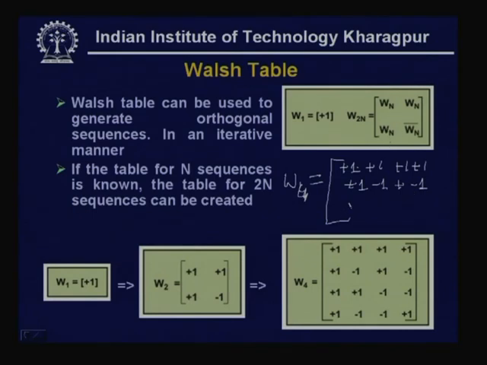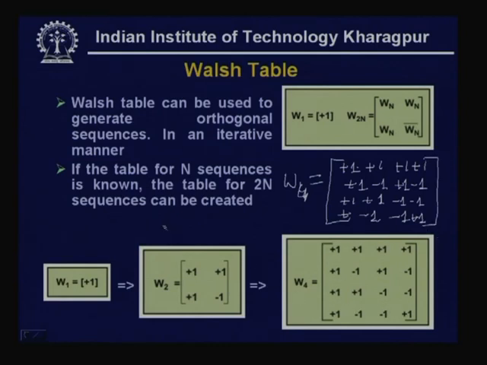Here also you have to put Wn, so plus 1, plus 1, plus 1, minus 1. Now here you have to put the complement of that. Complement is minus 1, minus 1, minus 1, plus 1. This is exactly what you have got.